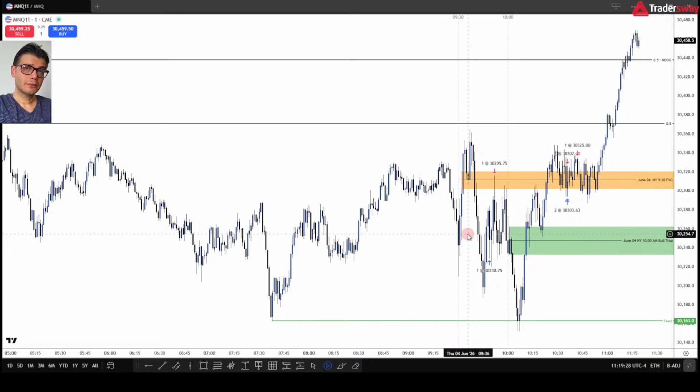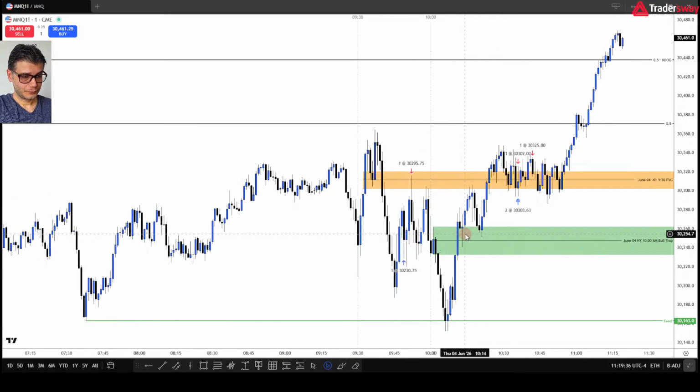So based on the strategy, every down close candle is fuel to push the price higher. In this scenario, the down close candles were here. That's why I entered long as soon as I saw those big orders coming to the market. You guys can see every down close candle has been respecting this portion.